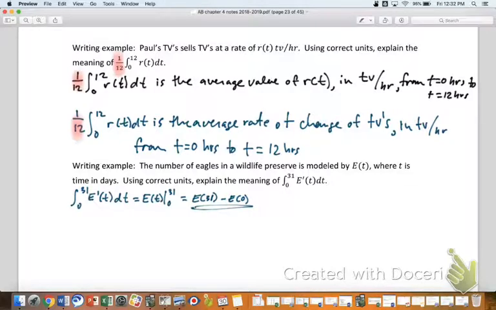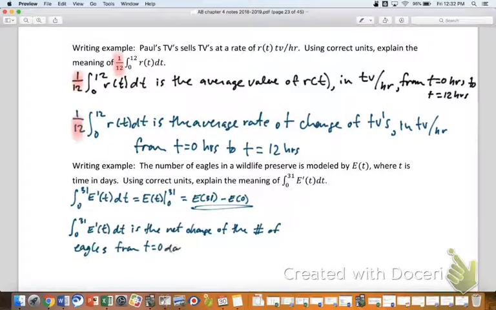I'd say something like this: the integral from 0 to 31 of E prime of t dt is the net change of the number of eagles from t equals 0 days to t equals 31 days. It's the net amount of change. Net change of the number of eagles.